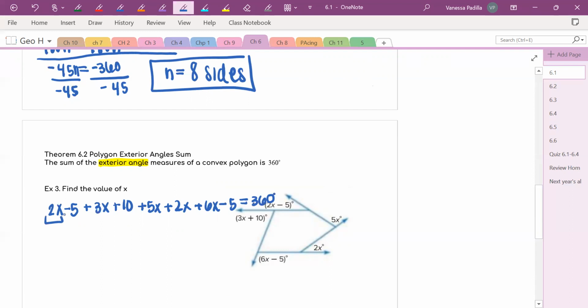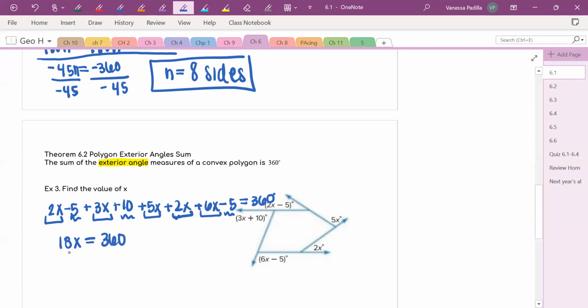We could add the like terms together. So that gives us 10, 16. And then we could add the rest of them together. Oops, I forgot this one. So that's 18. So that would actually cancel out the minus 5, positive 10, and another minus 5.